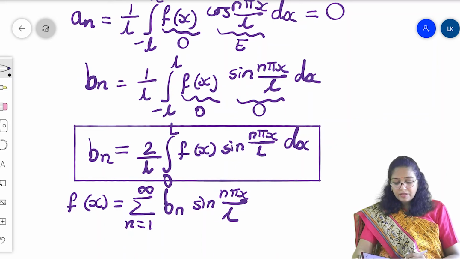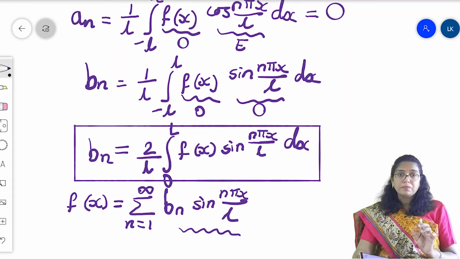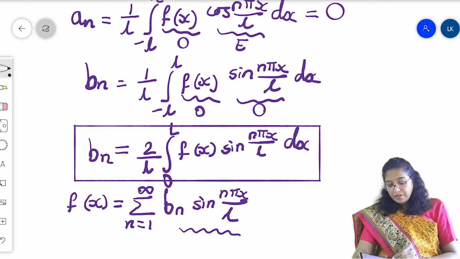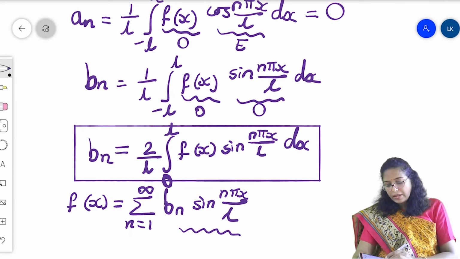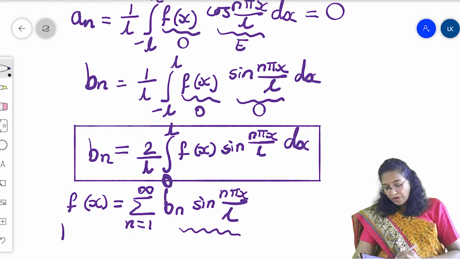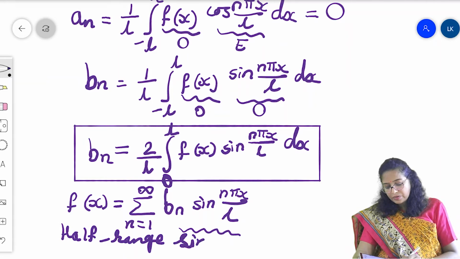Okay. This series contains only sine terms and our interval becomes half. It is 0 to L. Therefore, the series is also known as the half range sine series. Okay.